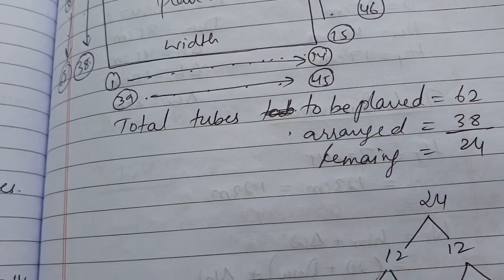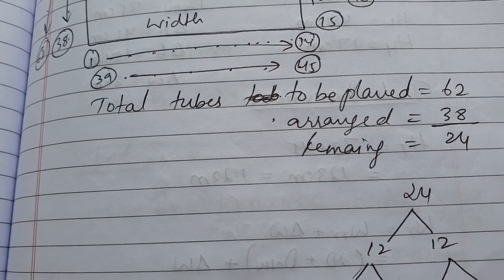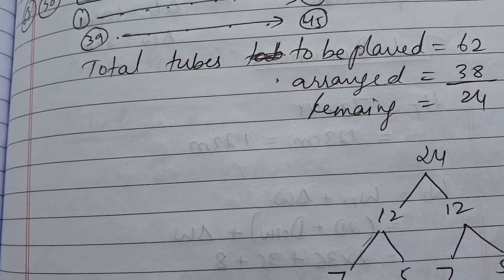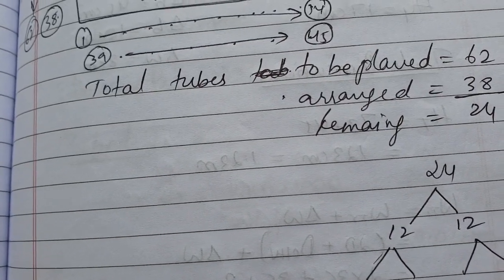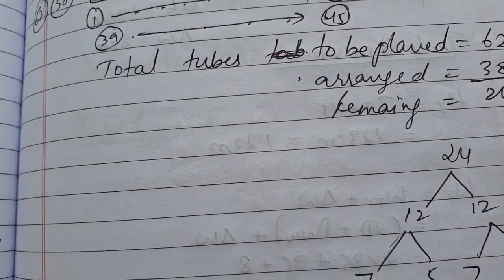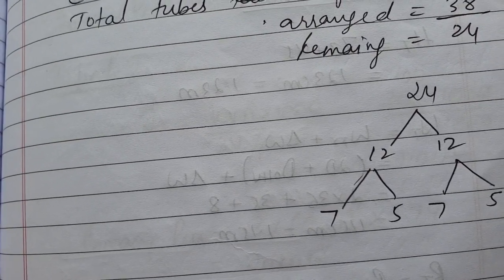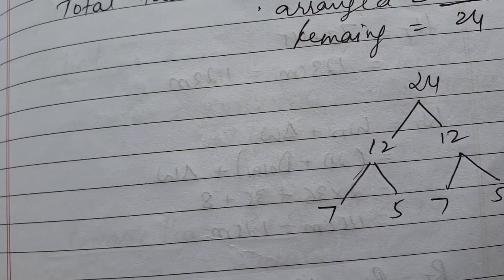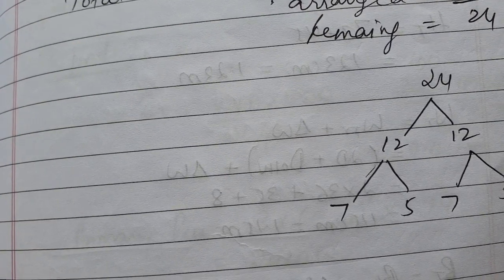So let us see how to do that. The total number of cooling tubes to be placed are 62. Now arranged are 38, remaining are 24. Remember, 24 is lesser than 38, so therefore you have to divide it into two equal parts, that is 12 and 12. Again 12 I am going to divide into two parts, that is 7 and 5. You might be confused why I have taken 7 and 5.